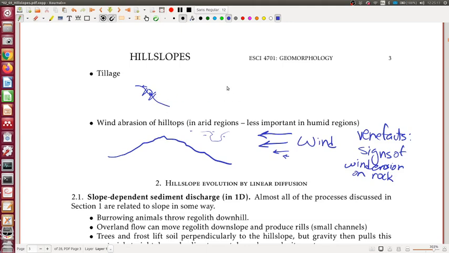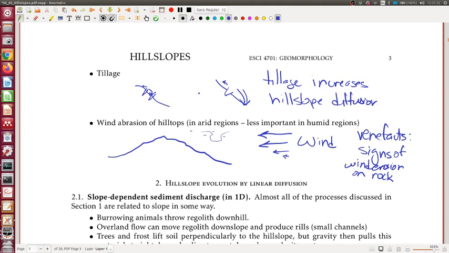And so because of this process, a little bit here, a lot of material here, tillage increases hill slope diffusion. And that's important, especially if you think about agricultural sustainability.